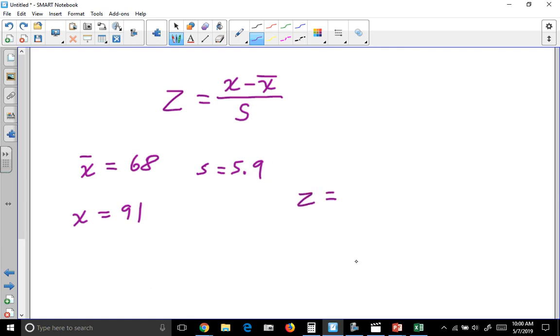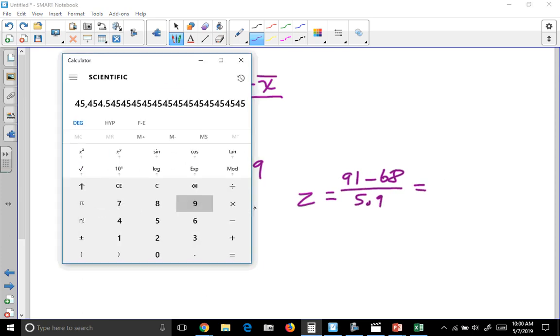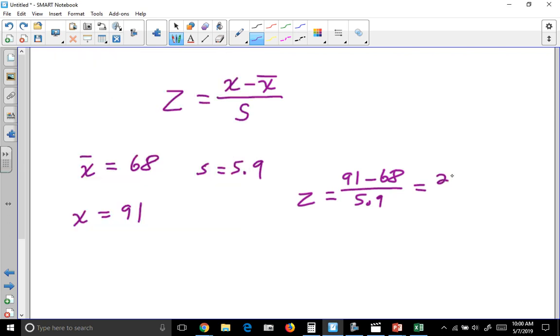So if we do our Z-score, we take our data value minus the mean divided by the standard deviation. So 91 minus 68 divided by 5.9.